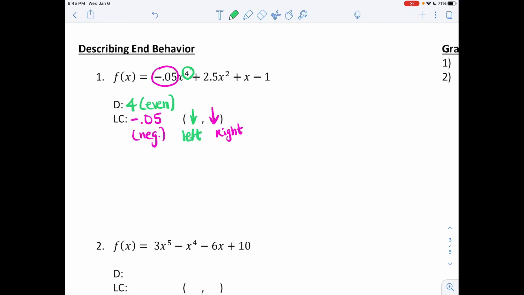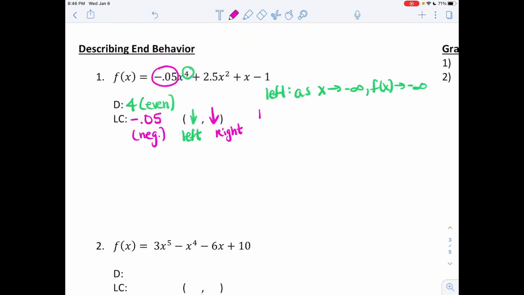Let's go ahead and write that in math language. So on the left, as x approaches negative infinity, because that's what it always approaches on the left, our f of x for our function is also approaching negative infinity.